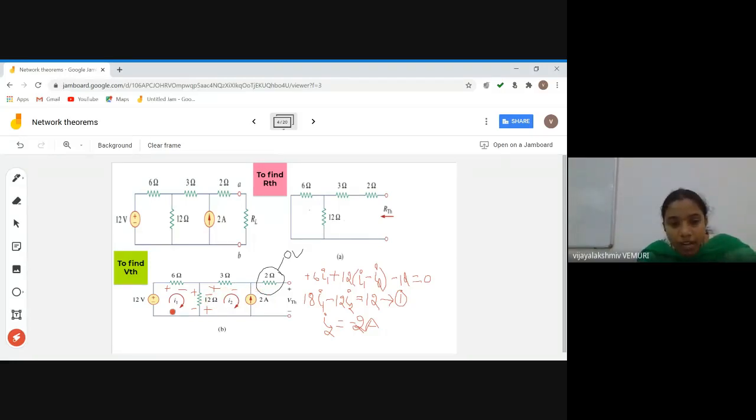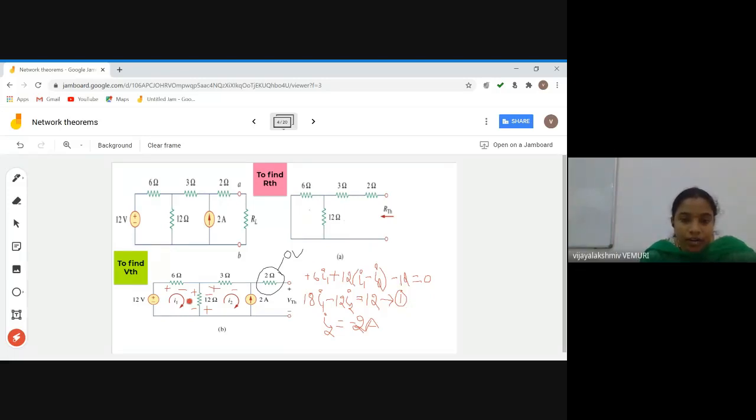For finding out I1, you just start from here and apply KVL for the first loop: plus 6I1 plus 12 into (I1 minus I2) minus 12 is equal to 0. After simplifying, you get 18 I1 minus 12 I2 is equal to 12. This is the first KVL equation.